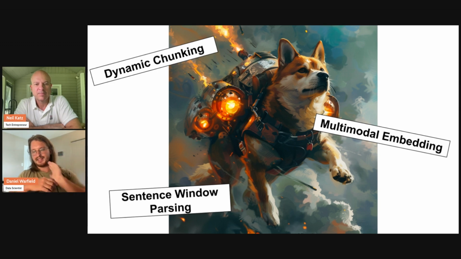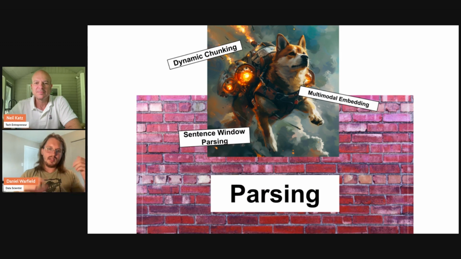It's kind of funny. I think that original sin analogy is a really good one. RAG has progressed tremendously. We have this thing called advanced RAG, we have all these crazy ideas, but it's all built on top of parsing. If you don't get the information out of the documents well, you can't give it to your advanced RAG approach to do anything.